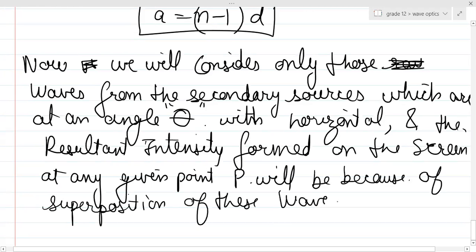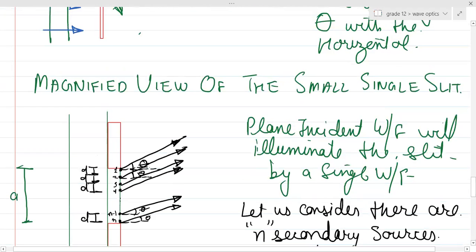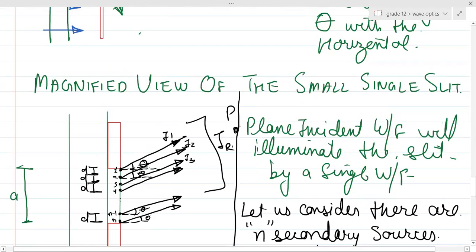So basically guys, do you remember in this particular case, all these rays, this is your I1, this is your I2, this is your I3, that is, all these waves have different intensities or whatever it is. The resultant of these is forming the resultant intensity on the point P, right?